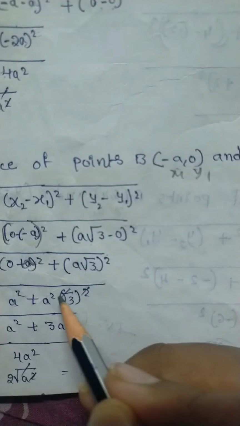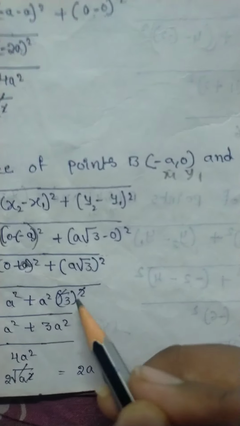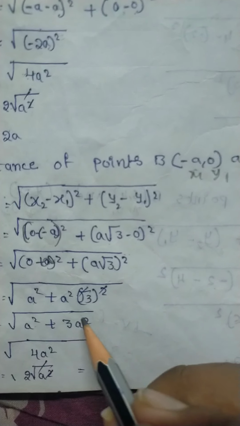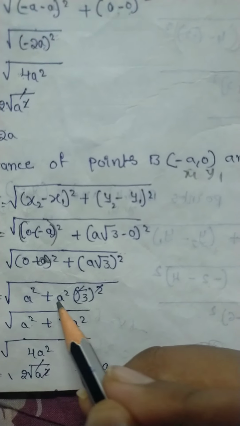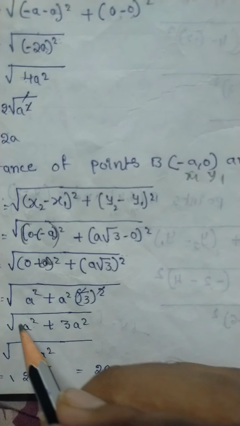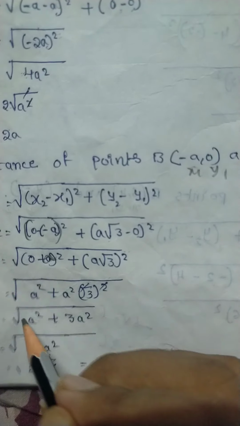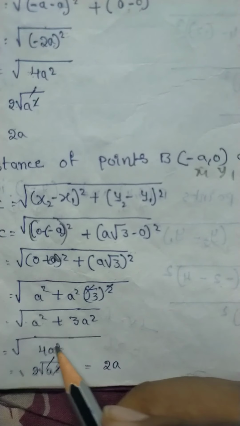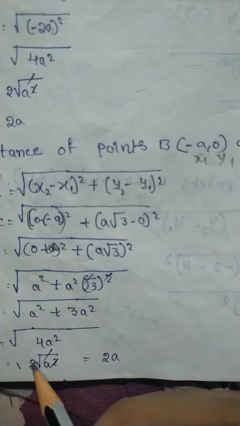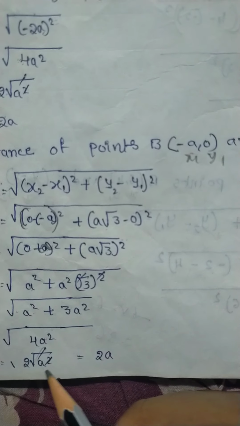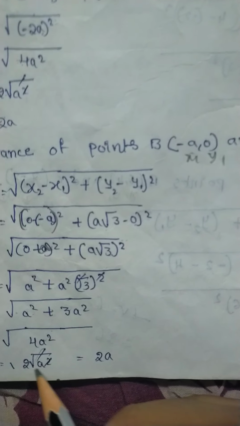Here a square root 3 whole square, the square root cancels: a square plus 3a square. Here 1a square, 3a square plus 1a square, total 4a square. Root 4 value is 2, the square root cancels, remaining 2a.